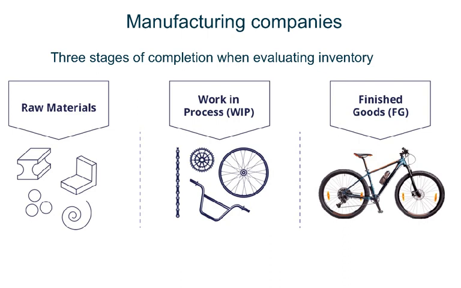Now, when we look at manufacturing businesses or entities, there are normally 3 stages of completion when we want to attach a value to the inventory. The first one will be our raw materials. The raw materials will be issued to the production process where they will be converted into finished goods.